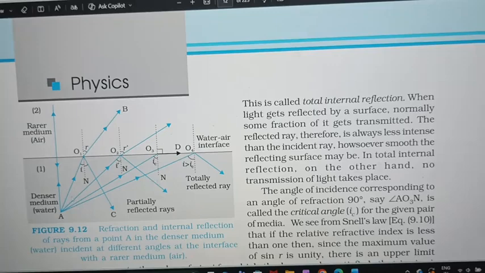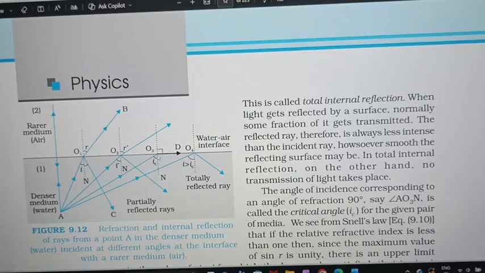So what is the scenario over here? You have just drawn a normal to understand angle of incidence, angle of reflection, and angle of refraction. Here IC is written. This is called the critical angle. When the incident ray is passing like this, at some angle the angle of refraction is exactly 90 degree. Don't think there is no refraction over here.